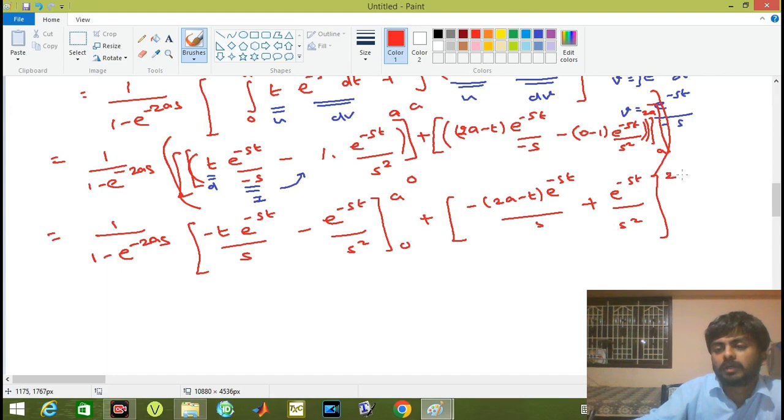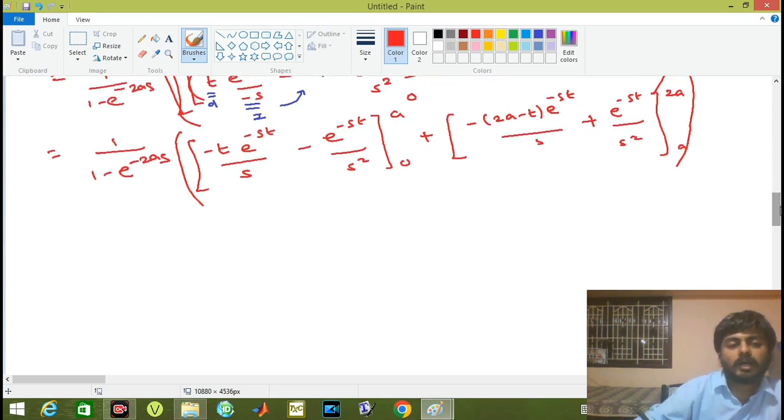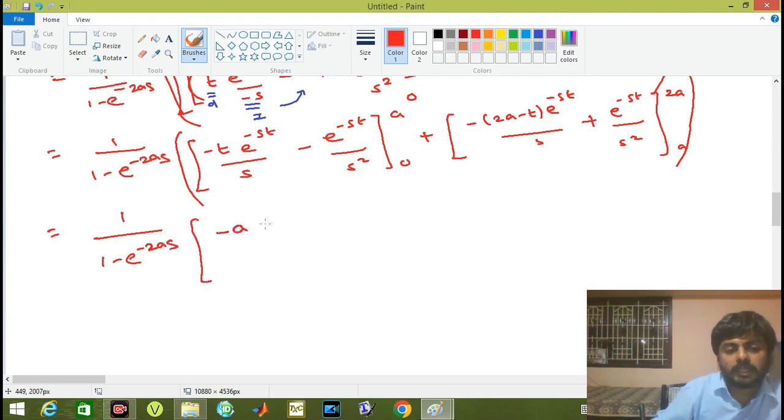The limits are a to 2a. Now you will have 1 divided by 1 minus e power minus 2as, minus a e power minus as divided by s minus e power minus as by s square.